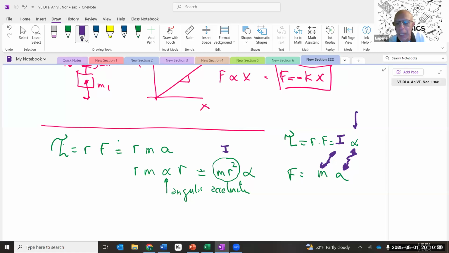So I'm making similarities here, some association that angular acceleration is associated with linear acceleration, but then my mass is going to be associated with this thing here that I'm calling a moment of inertia. Mass is also related to inertia. More mass, more inertia, resistance to move. Now, if M increases, acceleration decreases for force to be constant, and for torque to be constant it is the same thing here.